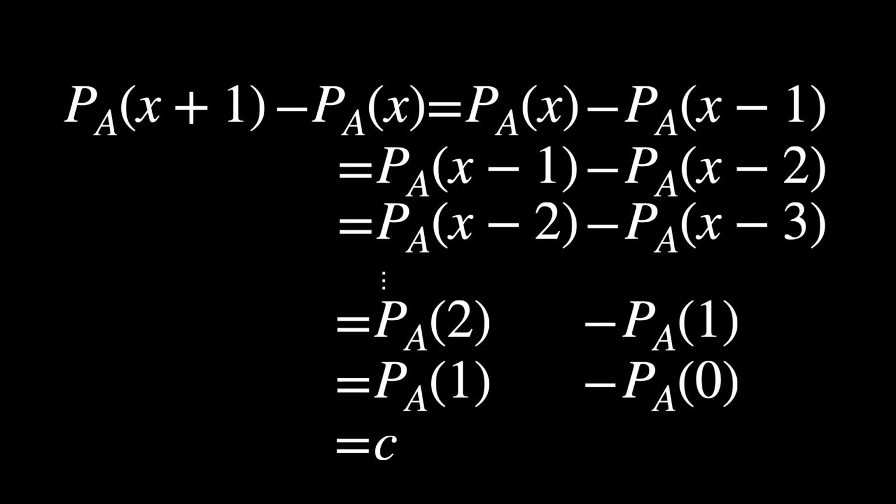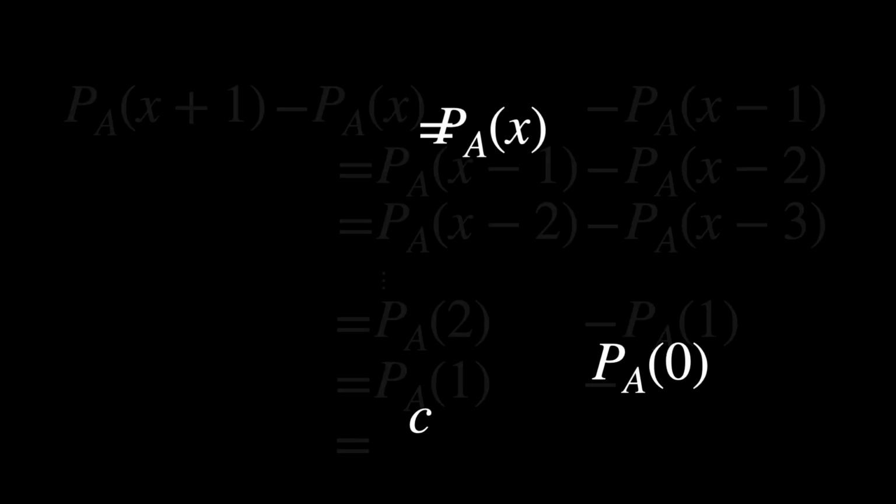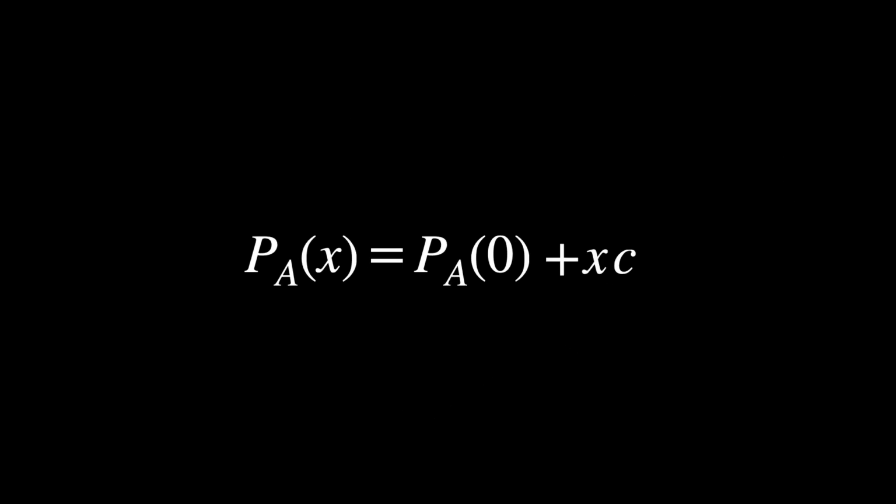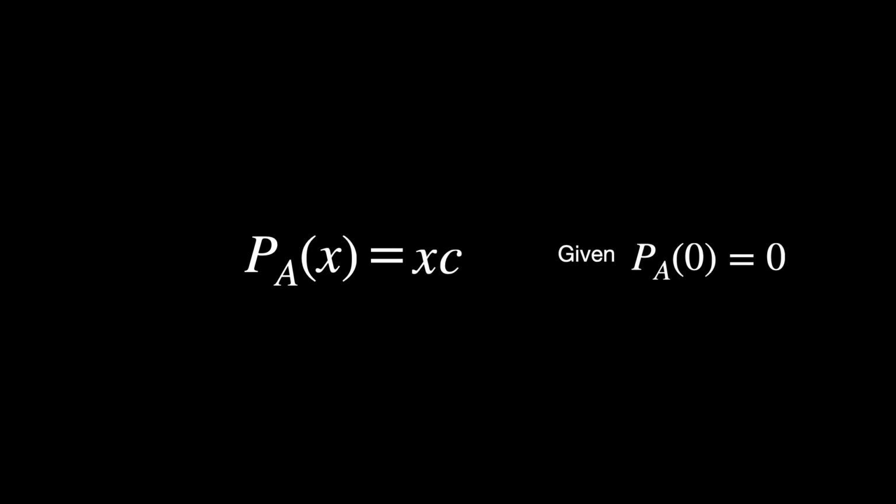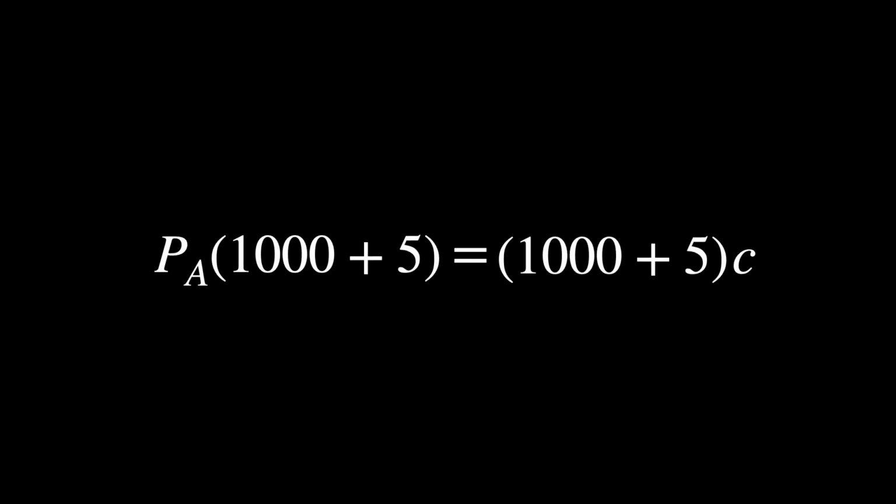Although we don't know what the common difference is, it's denoted as C for now, where C stands for constant. Then the elements of the sequence can be rewritten as a formula that relates to P0, X and a constant C. Given that P0 equals 0, then the X element of this arithmetic sequence is X times C. When A has $5 and B has $1,000, A would win the game when A owns $1,005.